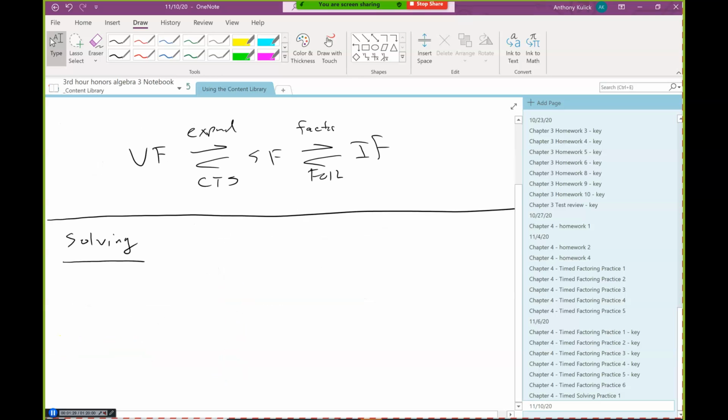So the solving situation that we're going to look at first is with intercept form. The key tool we're going to use for solving something in intercept form is called the zero product property.